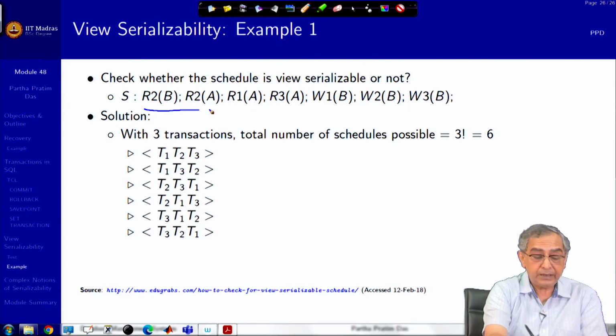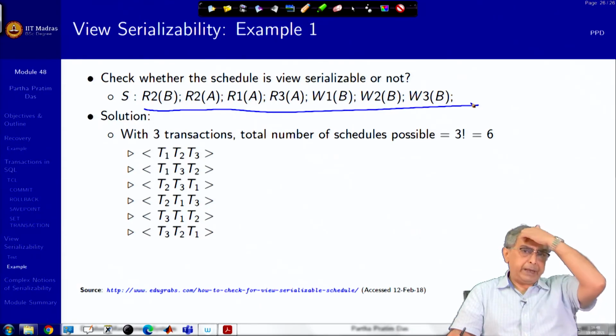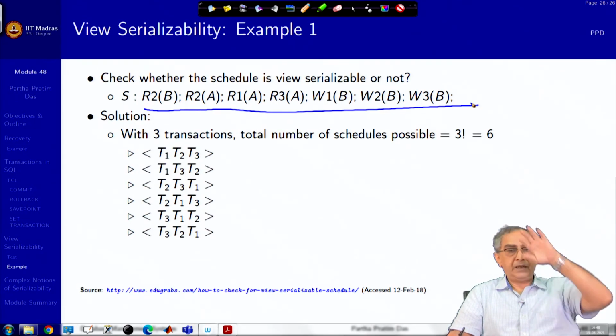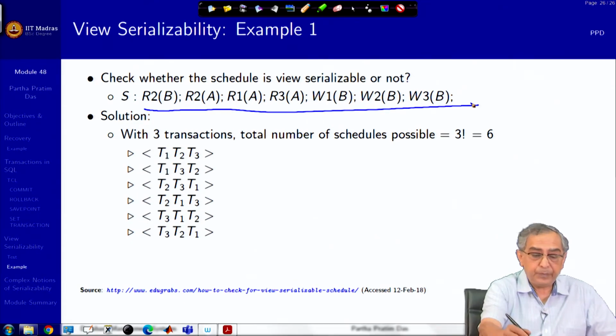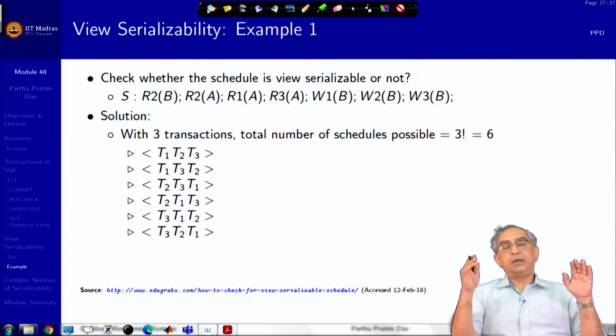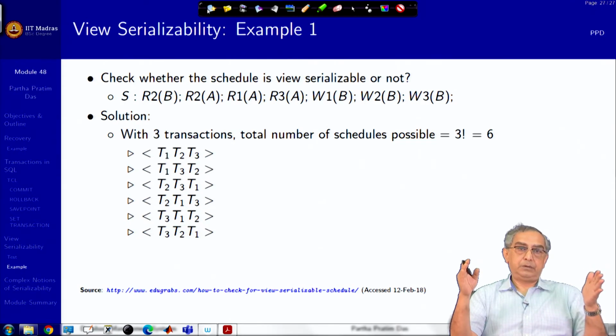So, here is an example schedule. Just read it carefully. Here the suffixes mean the transaction numbers. Transaction 2 reads B, transaction 2 reads A, transaction 1 reads A, transaction 3 reads A. Similarly, transaction 1 writes B, transaction 2 writes B, transaction 3 writes B. Now, we want to see what the possible serial schedules are.